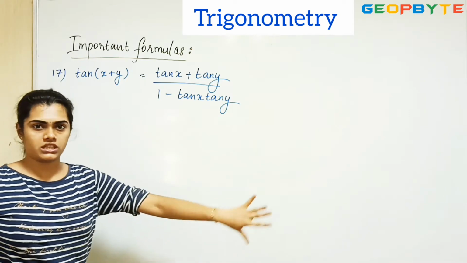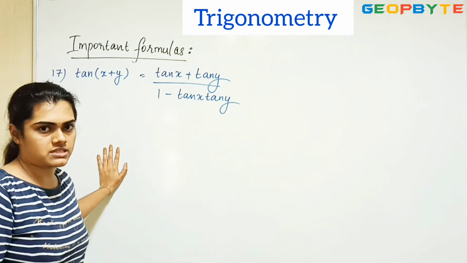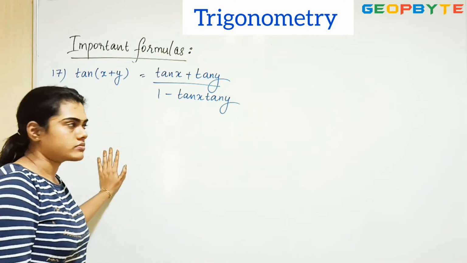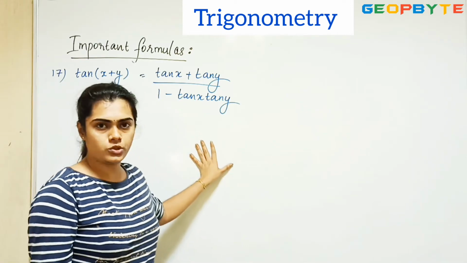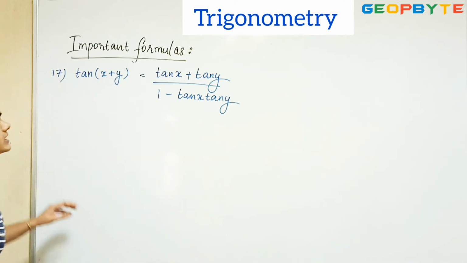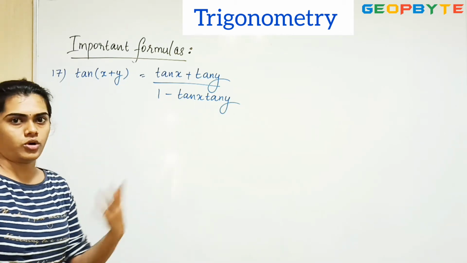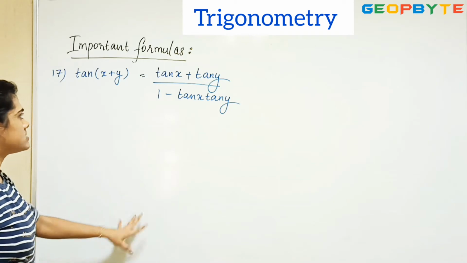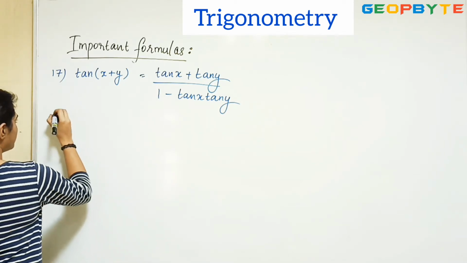Similarly, you can find the other formulas for other functions also, like cot of x plus y, cot of x minus y, and tan of x minus y. You can do a similar method. They might ask you for the derivation of the formula in your exams. It is very simple actually. So we'll start the derivation.